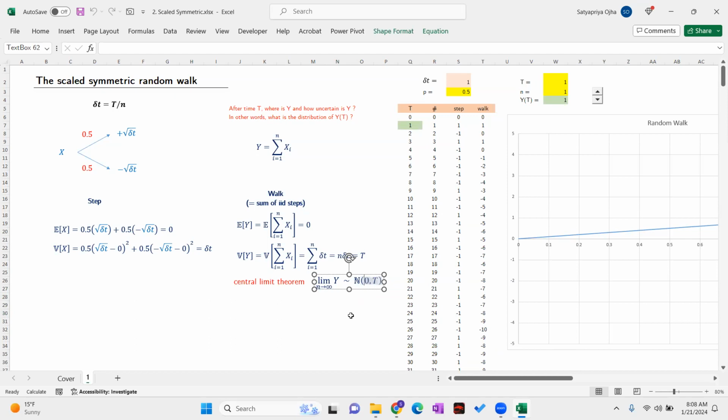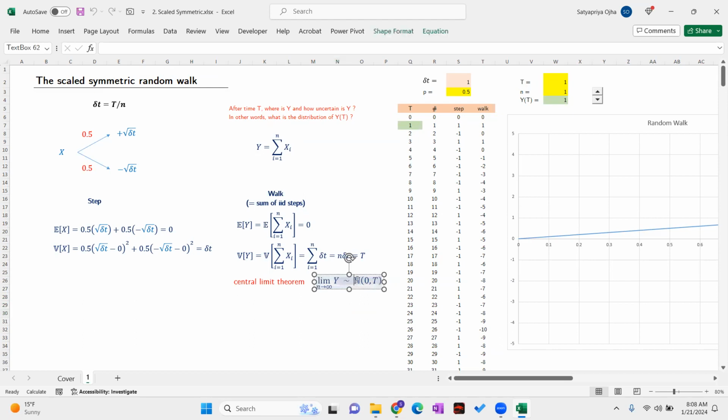Now this is desirable. So to answer your question, we created a process which is random because it is a normal distribution, but has a variance which is tied to our choice of time variable in the simplest way possible. Variance is equal to T.